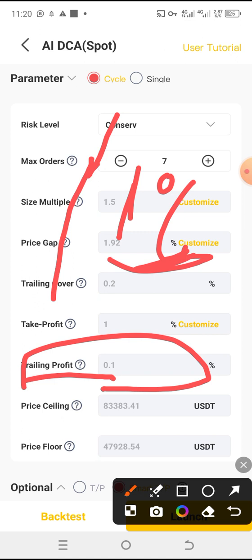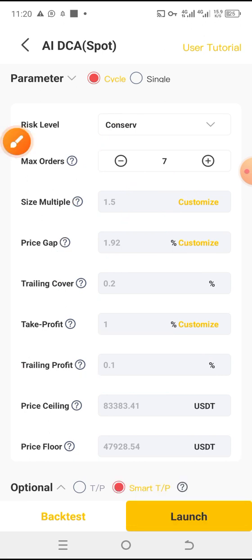Instead of giving you a profit at 1%, it will allow your trade to keep going up, up, up, up. But immediately it tries to go down 0.1%, it gives you your profit. So that's the trailing profit, and all these are automatic. I'm just explaining this for you so that you understand the robot itself.